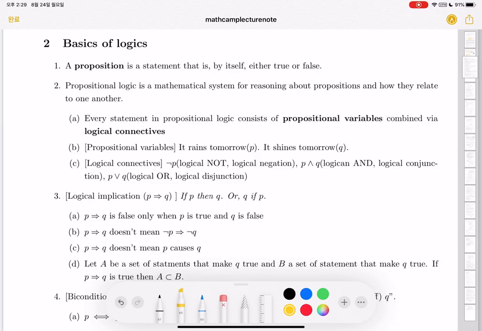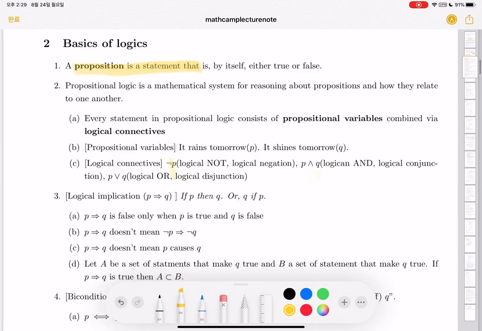In mathematical logics, a proposition is a statement that you can determine whether it is true or false. In mathematical logic, every statement is symbolized. We use P, Q, like this, P, Q.